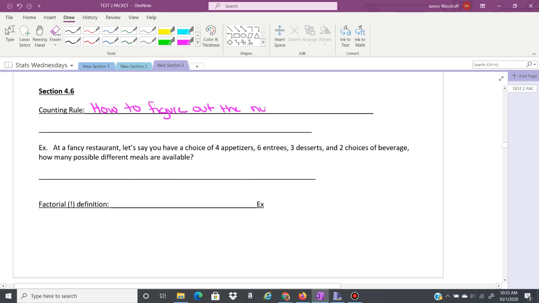And the basic premise here is that you're going to multiply the events together.